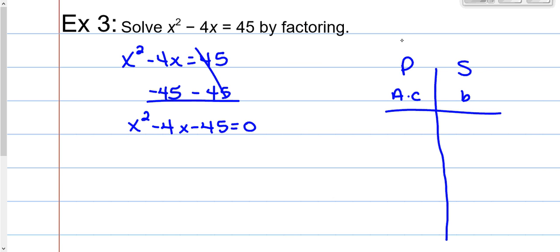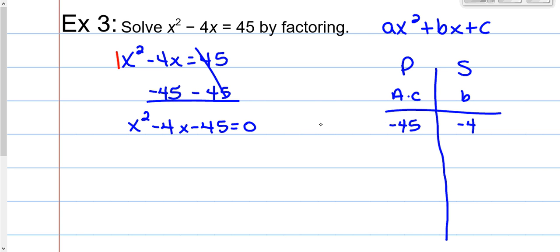Now remember that all comes from your standard form of ax squared plus bx plus c. That's where all the letters come from, the a, the b, and the c. So our a here is just 1, so we really don't have to worry about that. So then we have a negative 45 here, and we have a negative 4 here.